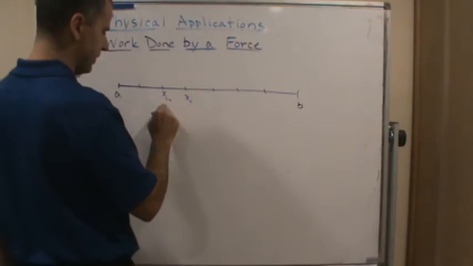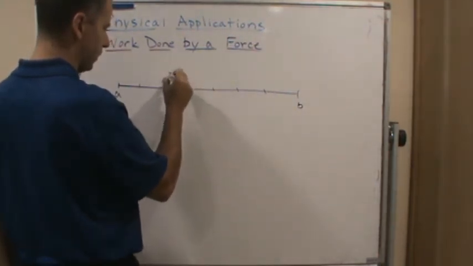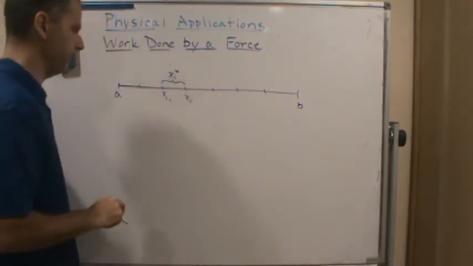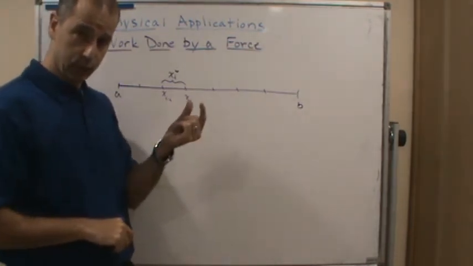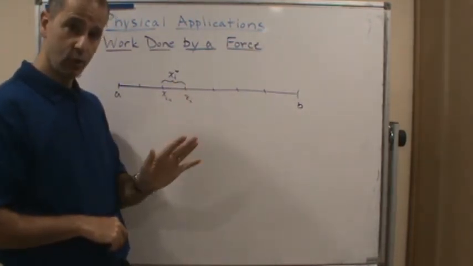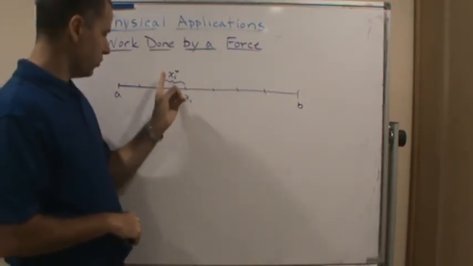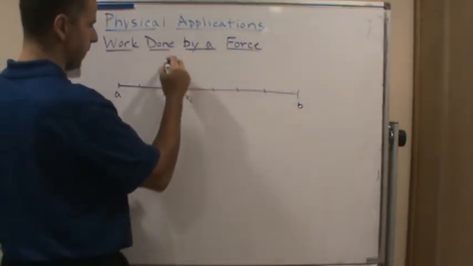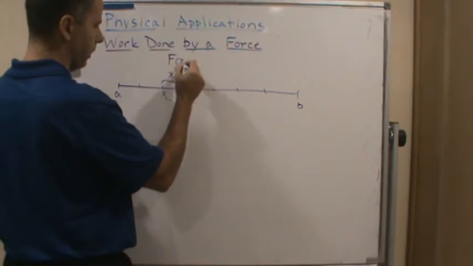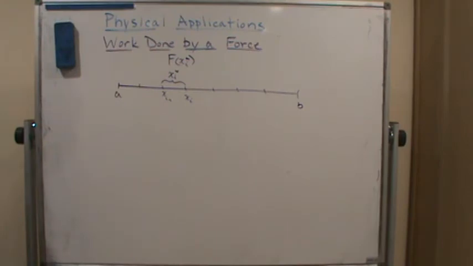So here's my little subinterval, and in this little subinterval, I'm going to choose my sample point, x sub i star. On really small intervals of distance, I'm going to assume that the force is considered constant. So at a sample point, I can say, let the force be evaluated at that sample point, x sub i star.